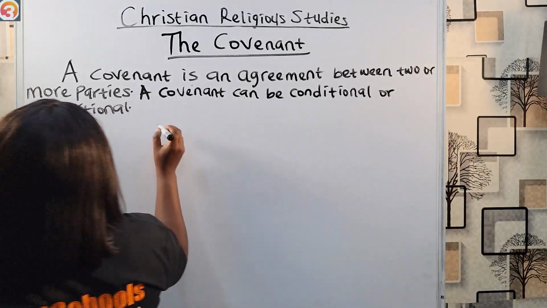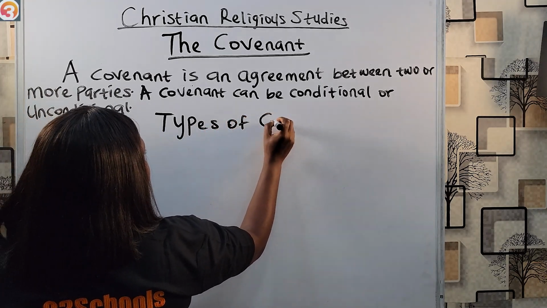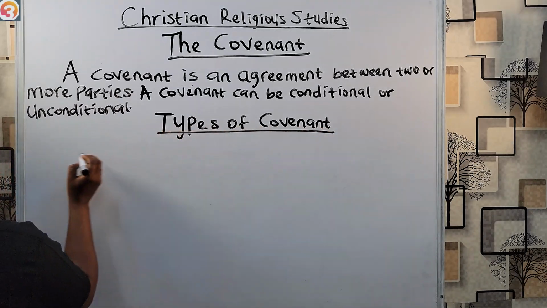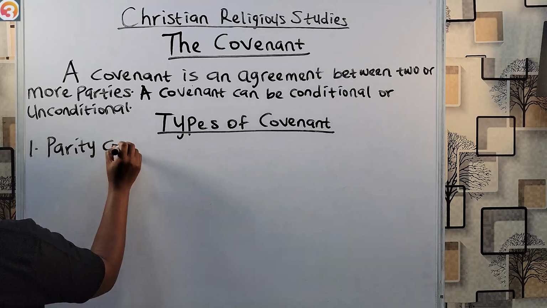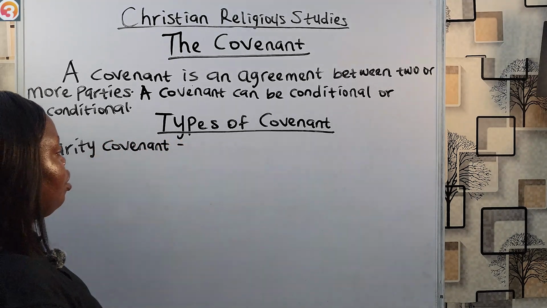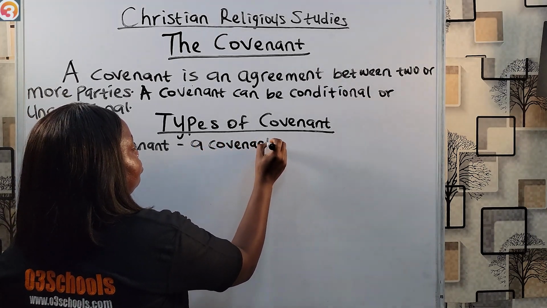Next, we look at the types of covenants. First off, we have the parity covenant. A parity covenant is a covenant between equals.